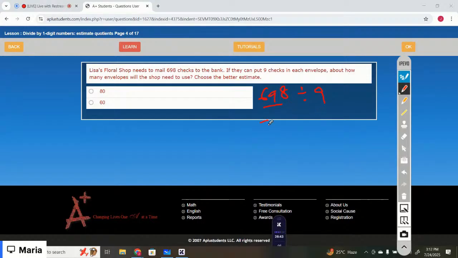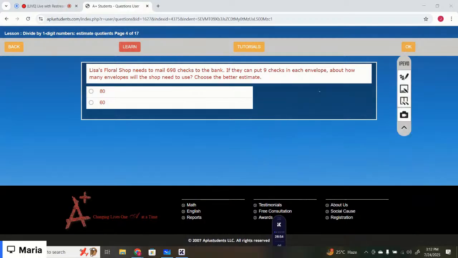So that would be rounded off to 720, right? So 9 times 8 is 72. The correct option is 80. Yes, option number 1 is the correct option. Very good.